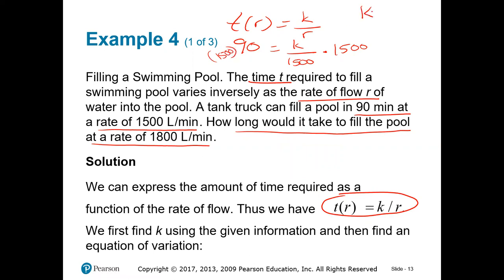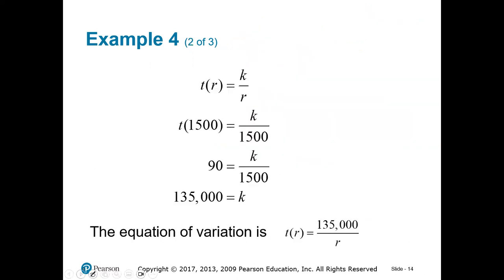So now I have k is equal to 90 times 1,500, which gives me 135,000. Okay, our minutes reduced, leaving R, but this is our variation. So next, let's go ahead and write our formula out, our model, our equation. This is what we've got right now to work with. That's what we want to use to solve for the next part.